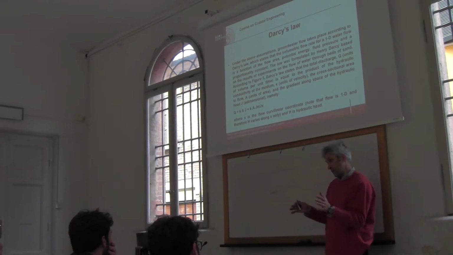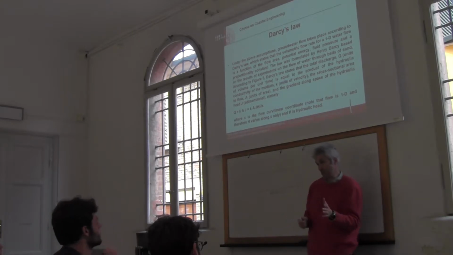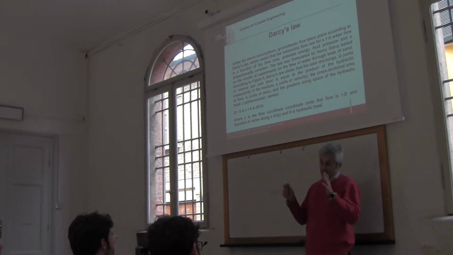Actually, this velocity vector changes at the microscopic scale because water flows into the pores. So it's extremely difficult to describe in detail at the micro scale this movement. So our choice is to describe an average velocity vector averaged over an area of interest.